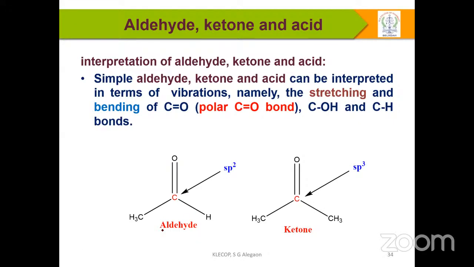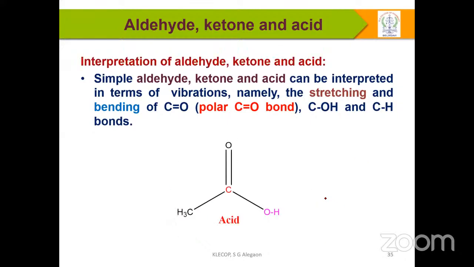In an acid, the polar carbon is attached to another polar atom, oxygen. In carboxylic acid derivatives, the carbon is very electron deficient, polar in nature, and it can give very informative results in structural elucidation by infrared spectroscopy.